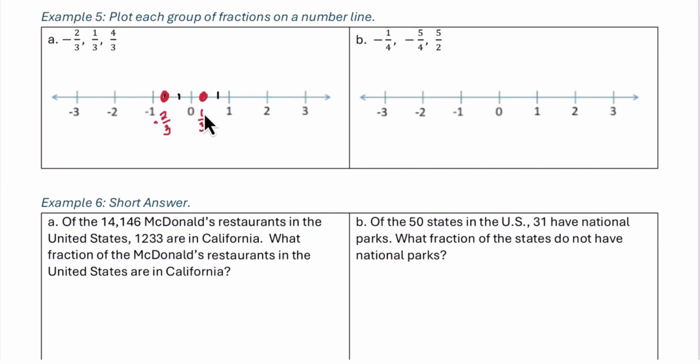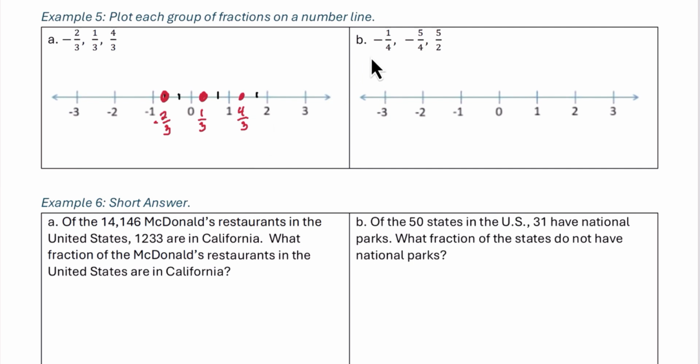We have 1/3, 2/3, 3/3. We need to come over here to 4/3. So again, we'll break this region up into thirds, and this represents 4/3. Again, starting at 0, we have 1/3, 2/3, 3/3, 4/3.